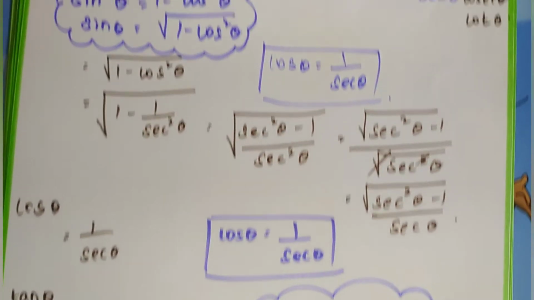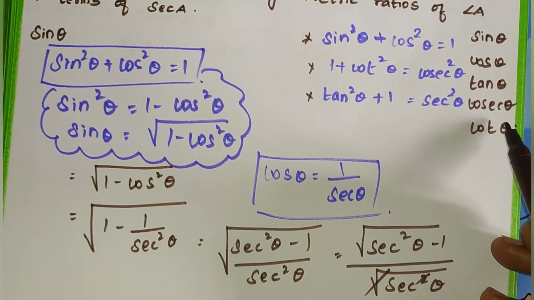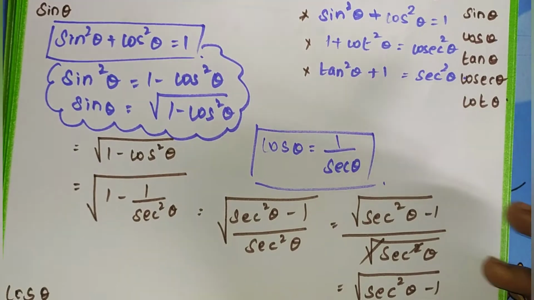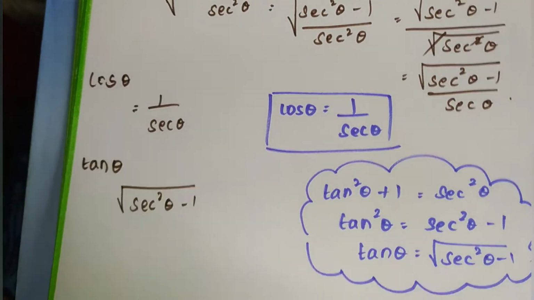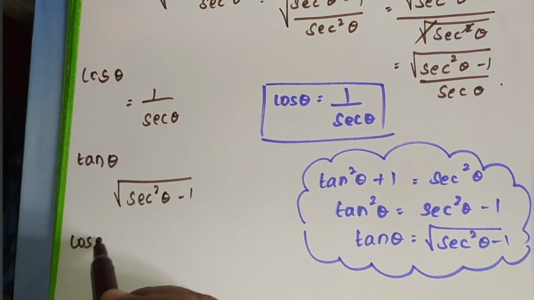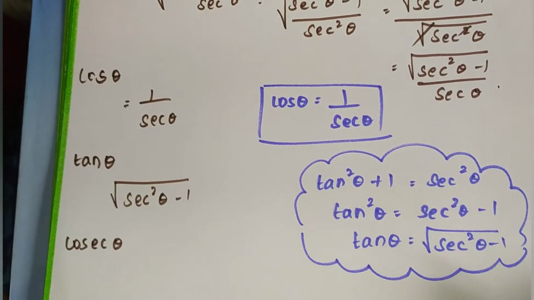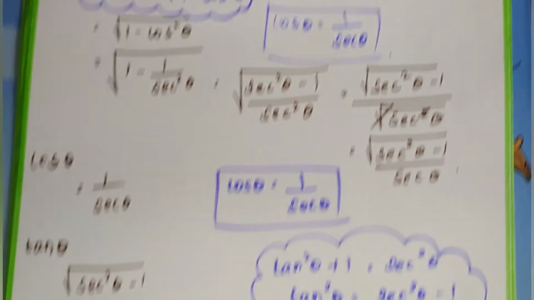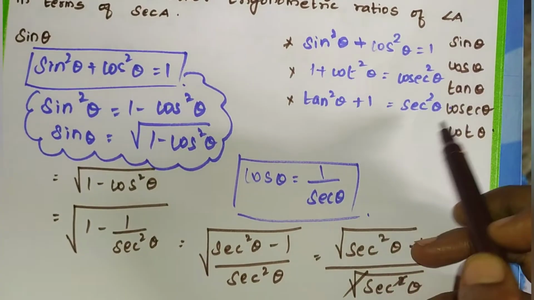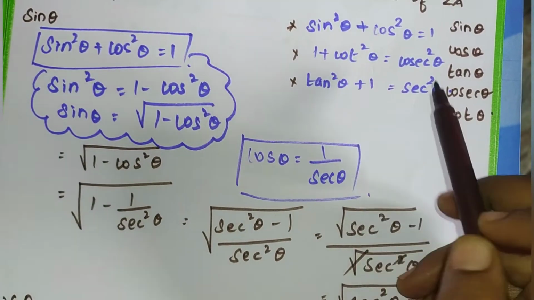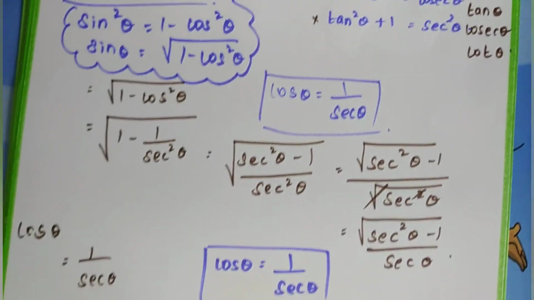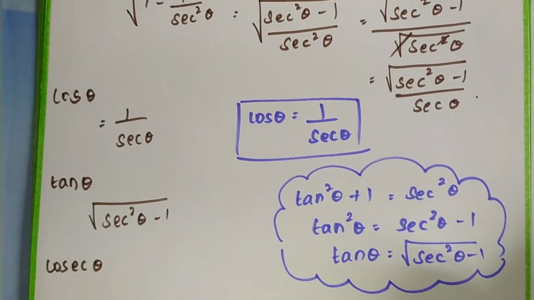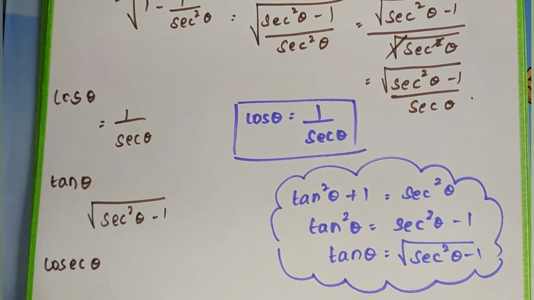Okay. Next I am going to take cosecant theta. Is there any relationship between cosecant and secant? Is there any identity here? Cosecant, cot and tan secant only. We don't have any relationship between cosecant and secant.